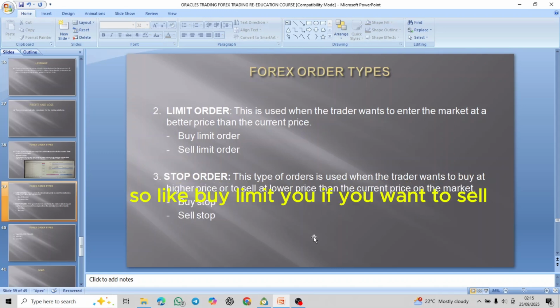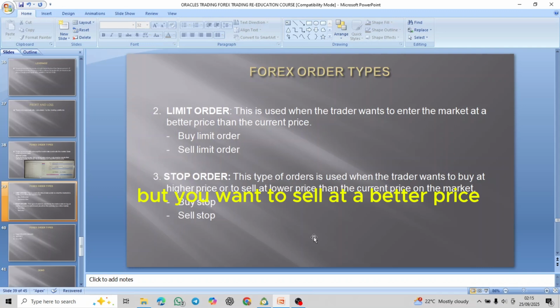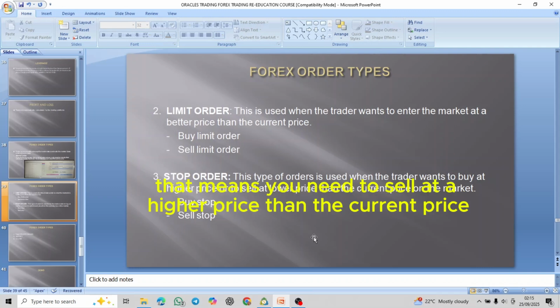So, if you want to sell, you have analyzed the market and you see that the market is downtrend, but you want to sell at a better price. That means you need to sell at a higher price than the current price.